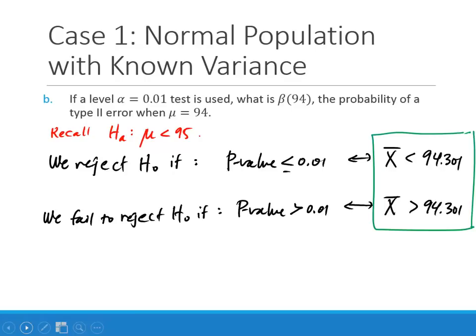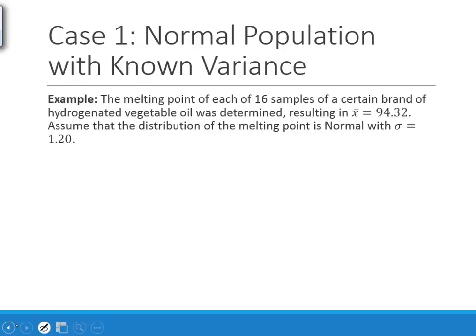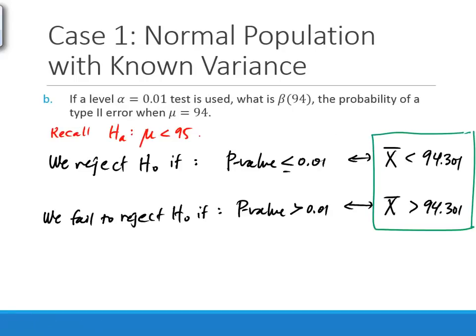So if our significance level is 0.01, we want to know the probability of a type 2 error when the mean mu is actually equal to 94. Remember, our alternative hypothesis was that the true average melting point was less than 95 degrees.